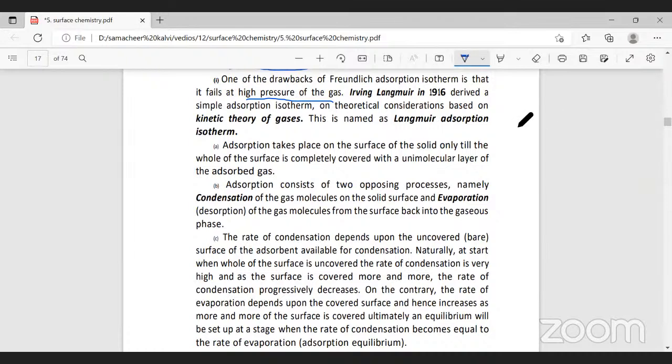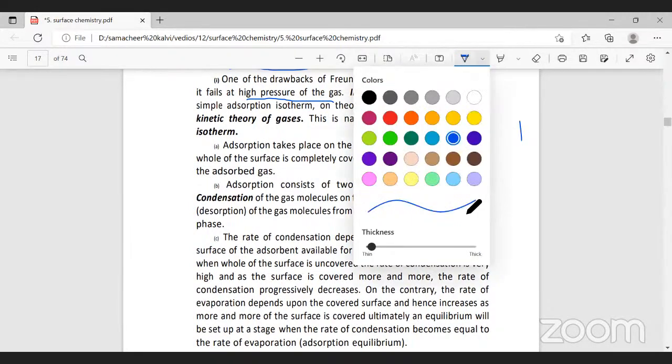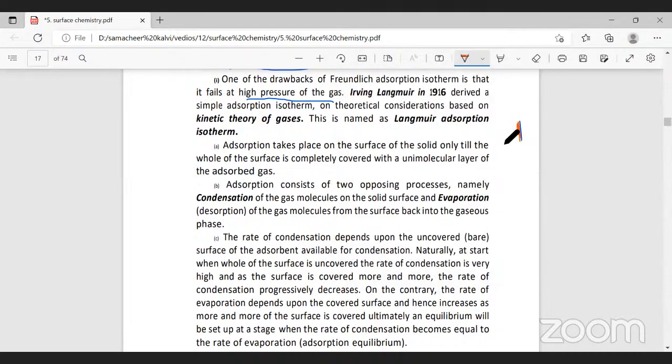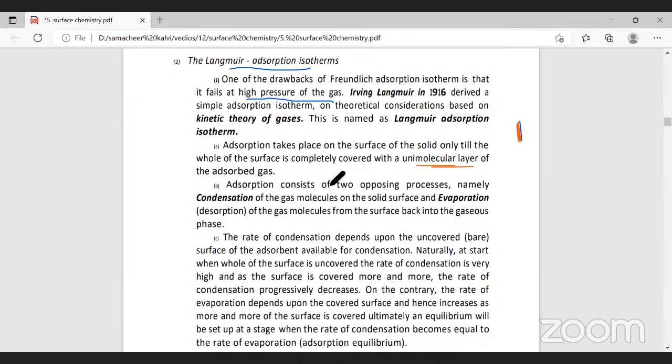adsorption consists of two opposing processes, namely condensation of gas molecules on the solid surface and evaporation. Evaporation is desorption. When gas gets accumulated on the solid, it is condensation. Likewise, the gas molecule can also vaporize from the surface, which is called desorption. So these are two opposing forces. The rate of condensation depends upon the uncovered bare surface of the adsorbent.